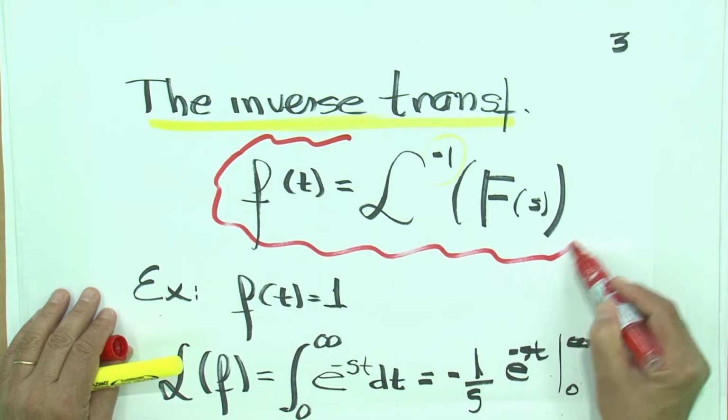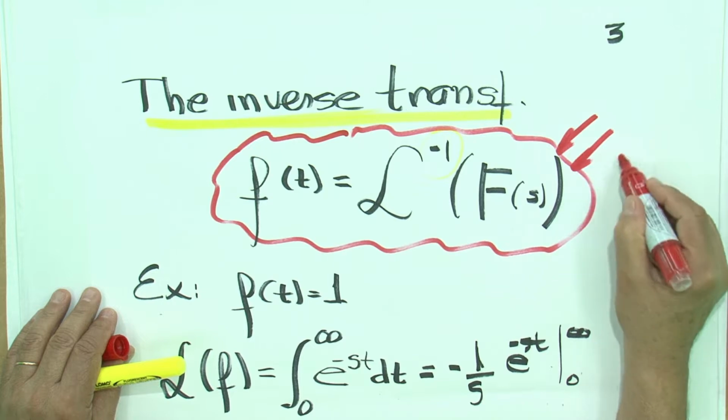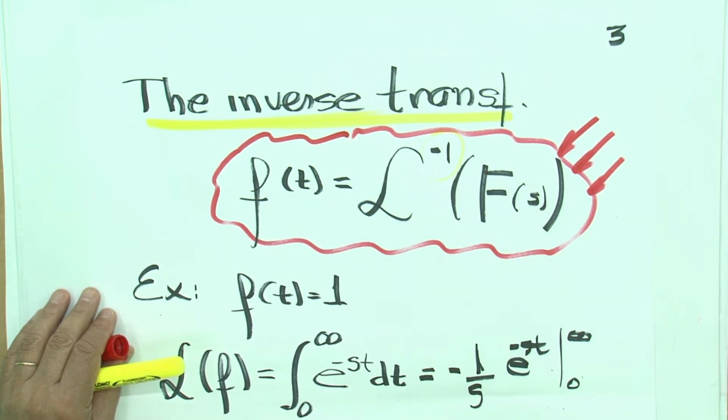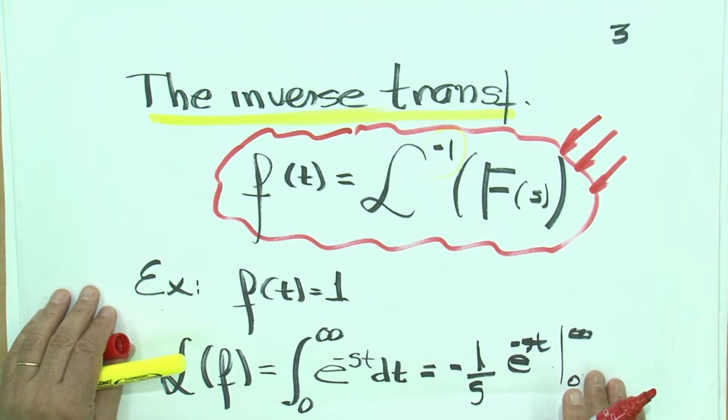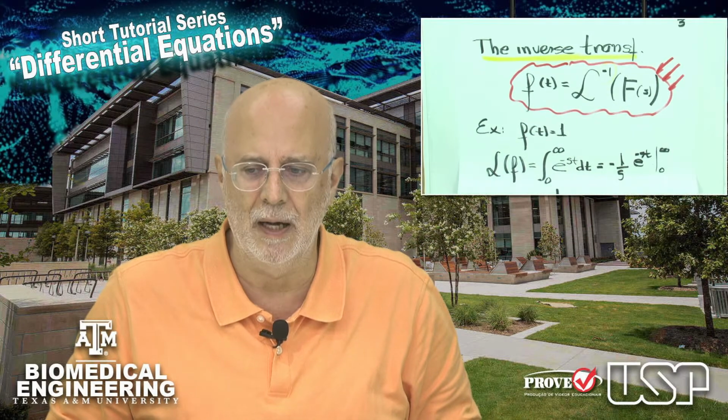This is called the inverse operation, right? There are ways of doing this. There are ways to identify. It's easy. Normally we have tables of transformations.